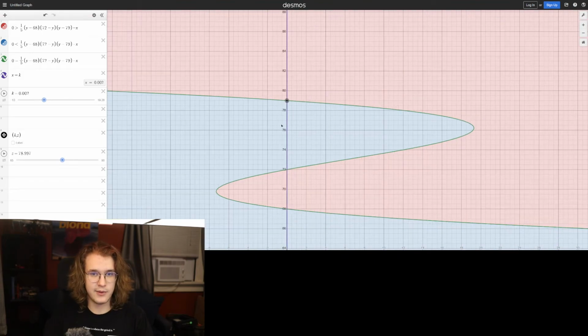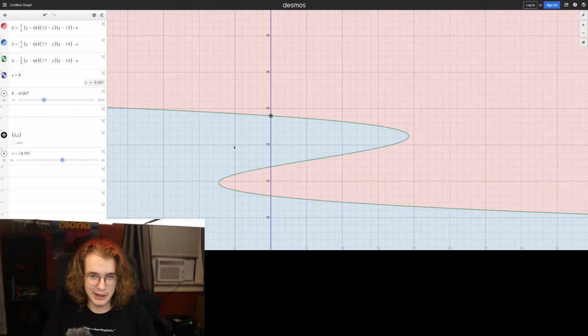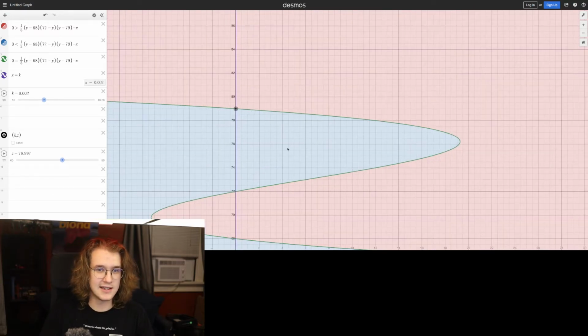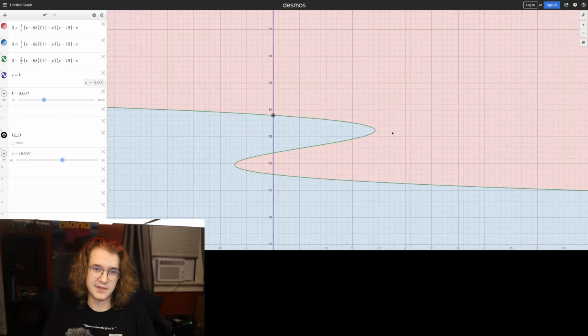So now we need to propose a plan to Cicely in order to get our temperature back down to 65. Knowing that this is a stable point, there's not much we can do in the way of moving it along this line to decrease our temperature.